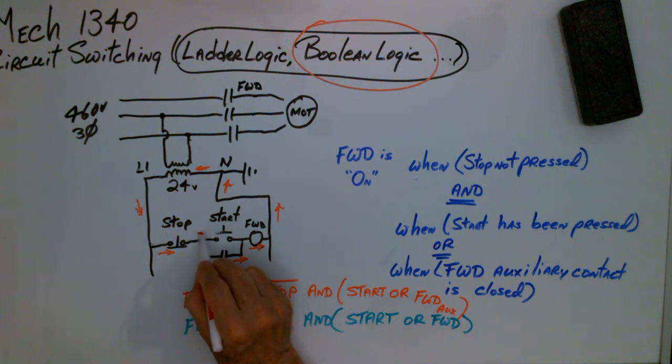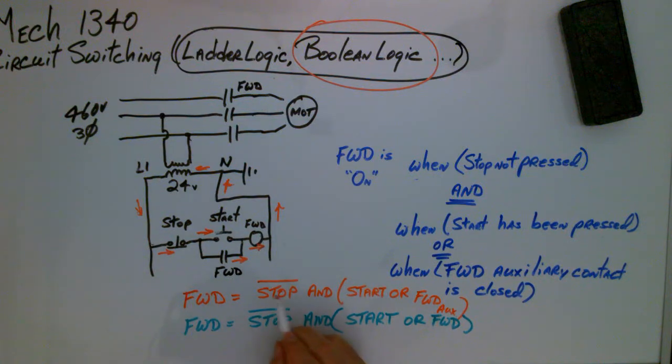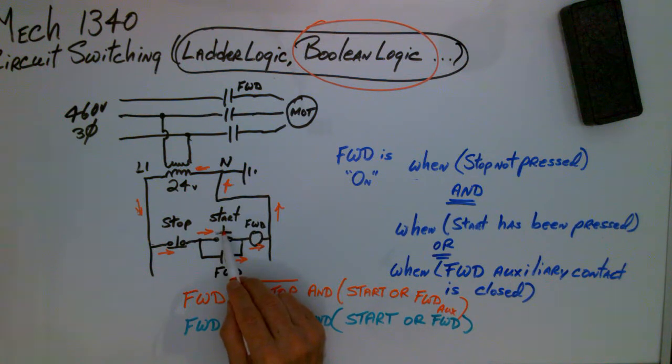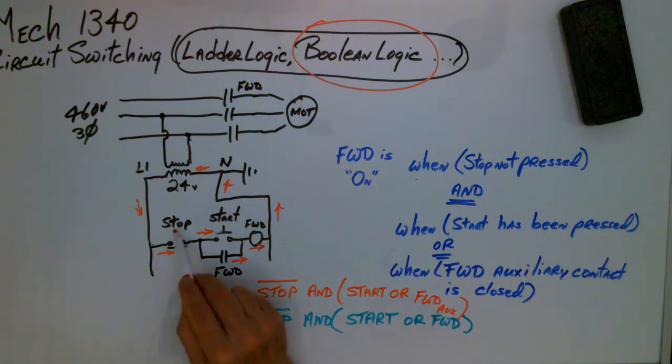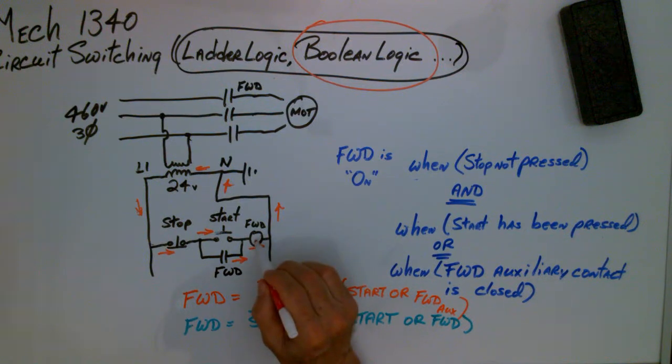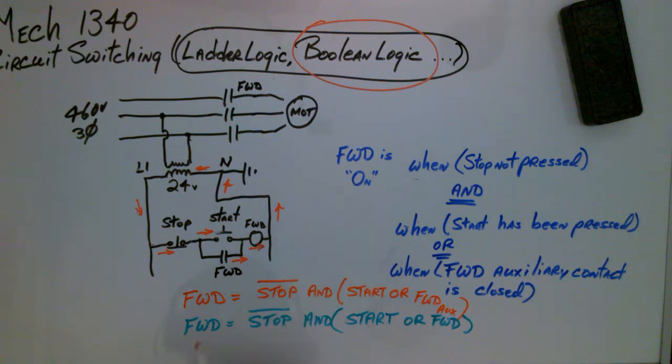So I'll put it back. Okay, and this current path, if I don't press the stop button and I do press the start button, or the forward contact has already been sealed in, then the forward command will be issued. And this is the forward command down here.